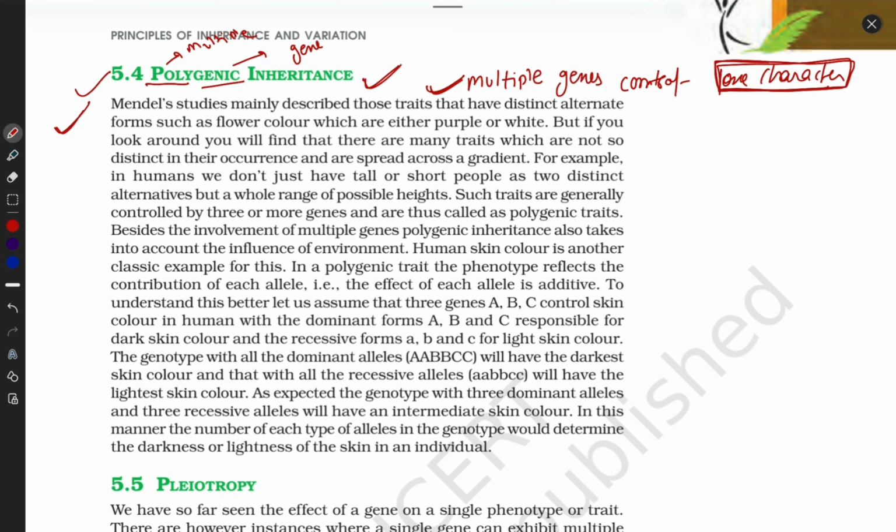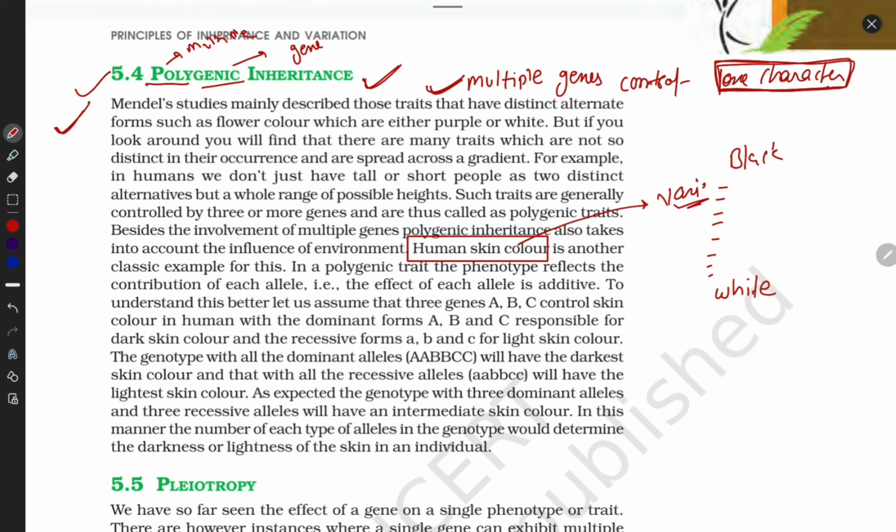One of the best examples is human skin color. We know that our skin color varies from person to person. Of course, people are not totally black or totally white, guys.